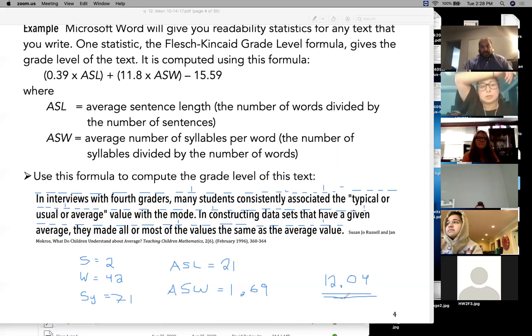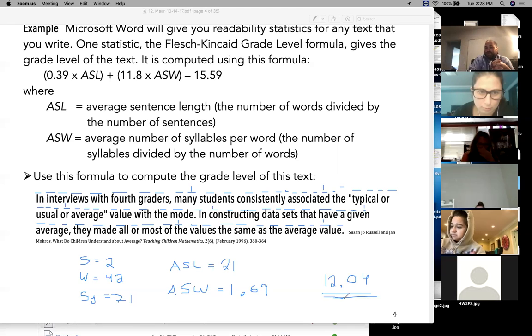I have a question. Yes. For next time, when you give us another problem, is the problem going to tell us what to divide, like this, or is it just going to be the same thing? Well, these are the definitions of ASL and ASW. So if you ever come across them, these are their definitions. They don't change. Not anymore.